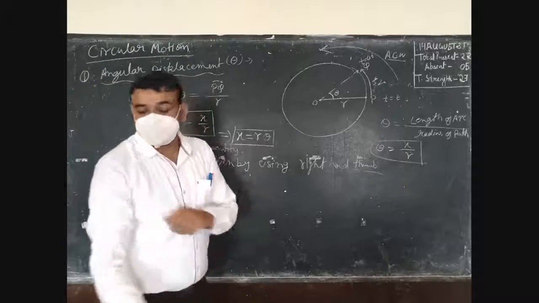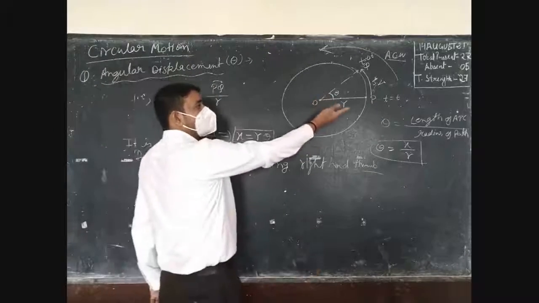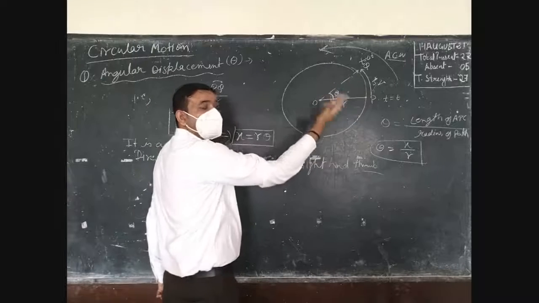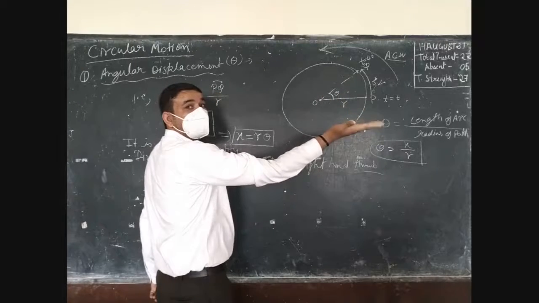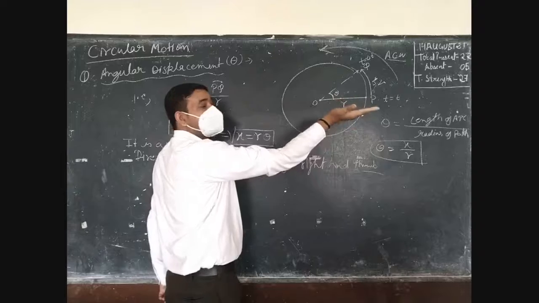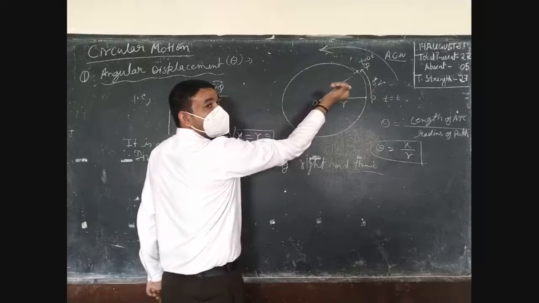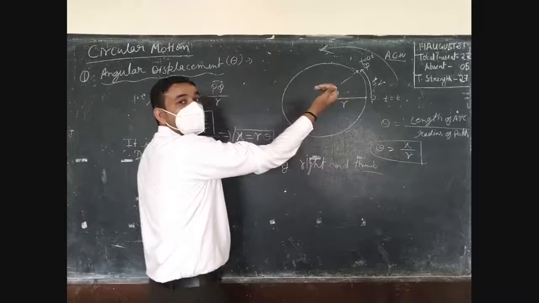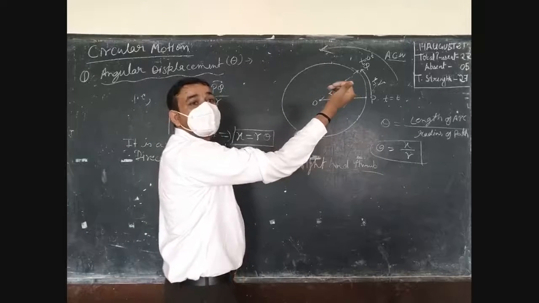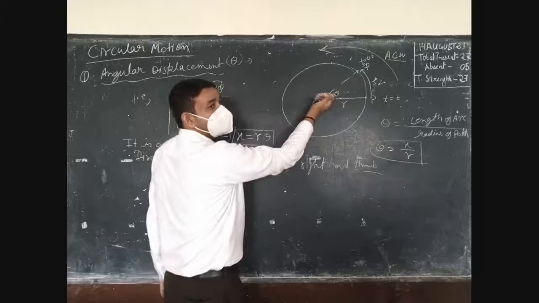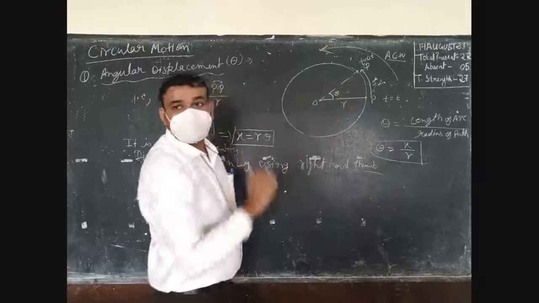See, if the particle is moving anti-clockwise, the curl of the fingers gives the sense of rotation, and the thumb perpendicular to the curling fingers always indicates the direction of the displacement vector, which is outward.